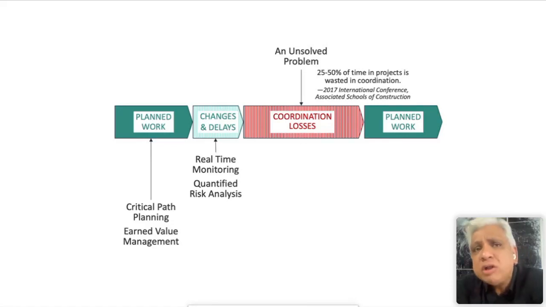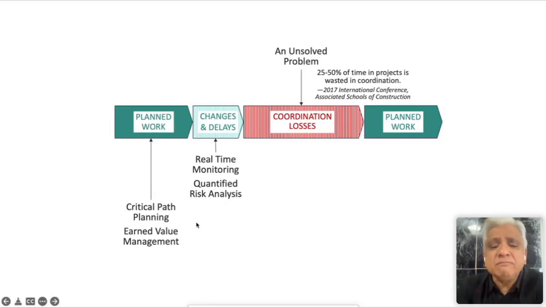Now, why is this important? For two reasons. One is we always believe that we don't have enough time in projects, and we always tend to blame our customers, our suppliers, our own people for changes and delays. But the reality is that changes and delays will happen, and that is something you cannot change. Of course, you can try to control them.